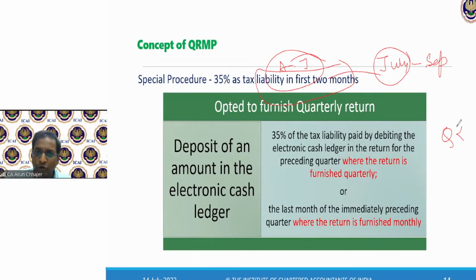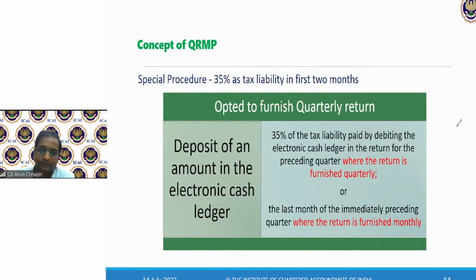It's a very simple question to all of you. The answer would be 1, obviously, because I am under QRMP, quarterly return, monthly payment.